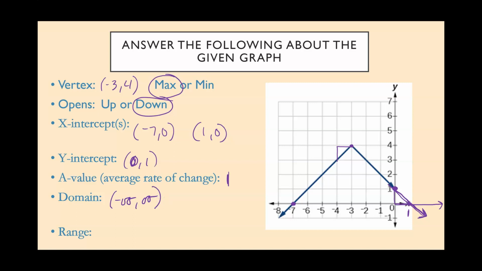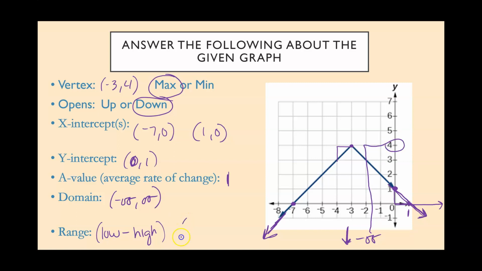Your range, so remember, your range is how low you go to how high you go. My lowest point here, well, there's arrows pointing down, right? So that means it's going to keep going down into the abyss, which is what we call -infinity. And then how high does this graph go? +4.